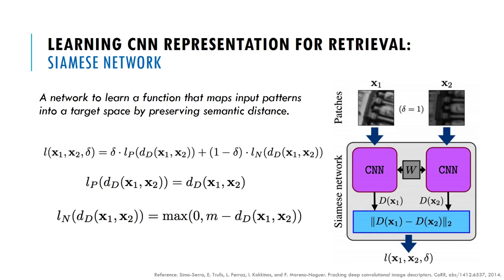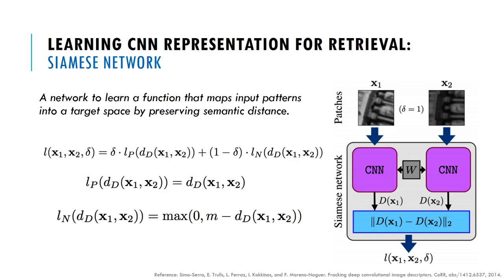Okay, so let's talk a little bit about the loss function. We're talking here about contrastive loss. Basically, if the training sample indicates that these two patches are the same, then we're simply going to be minimizing the distance between them.